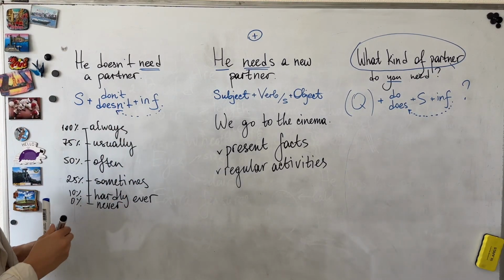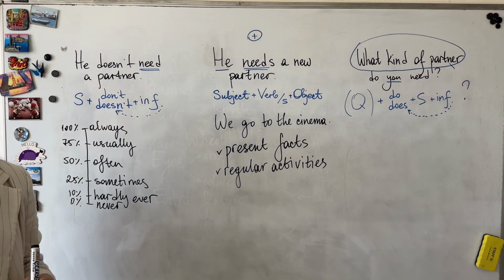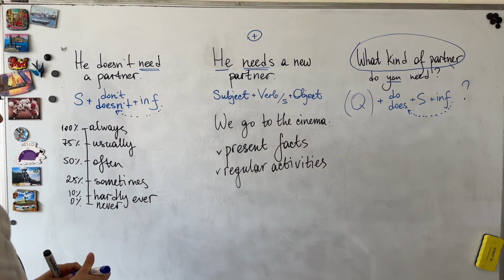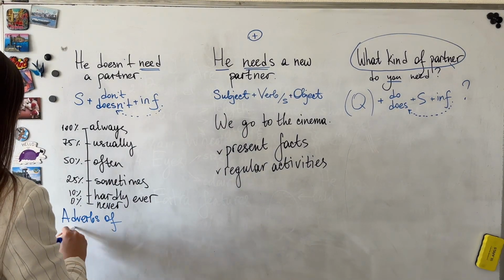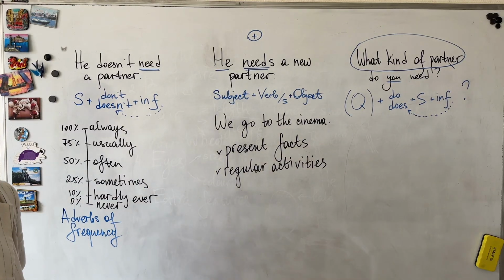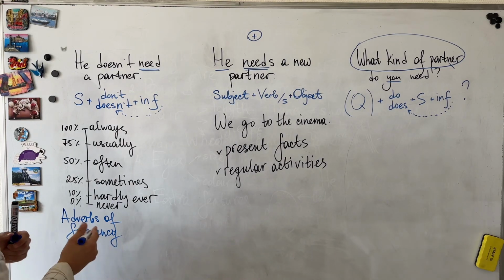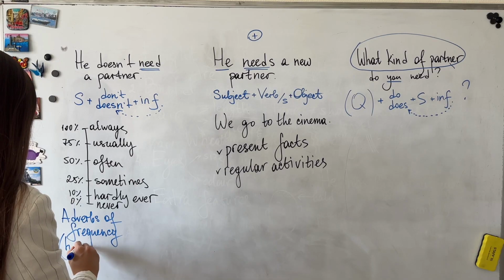What do we call them? We will call them adverbs of frequency. Why? Because they answer which question? How often?